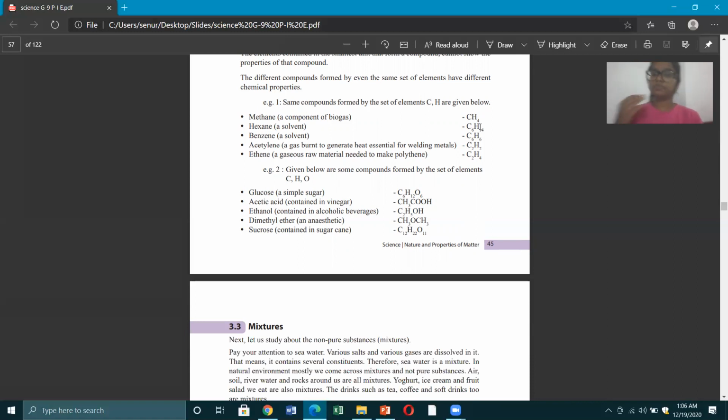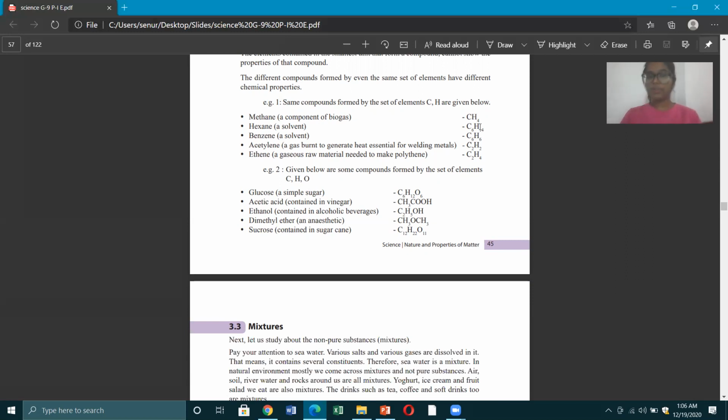Okay. Methane is also made out of carbon atoms and hydrogen atoms. Hexane is also made out of carbon and hydrogen atoms. But there's a big difference: they are combined in different ratios. Okay, so because of that, children, the chemical properties of these compounds are different from one another.